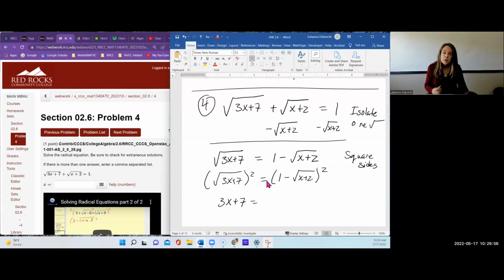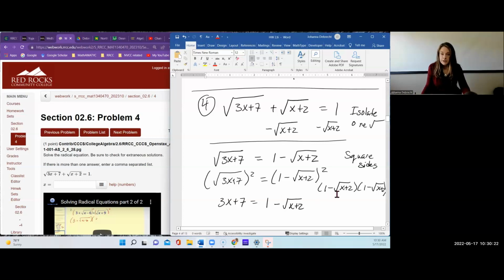In this case, when I write this, I can write it out twice to help me to do the multiplication. When I do FOIL, or the distributive property, I get 1 times 1 for the first, which is 1. On the outside, I get 1 times the negative radical, which will give me the negative radical.